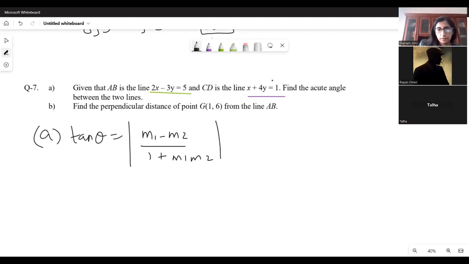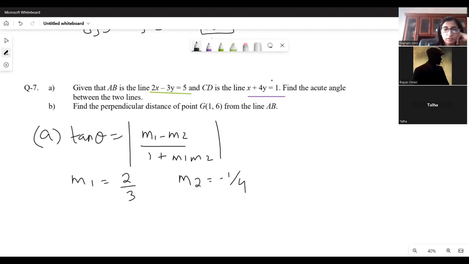Okay, give me M1. मिस ये होगा 2 over 3. Yes, 2 by 3 is correct. -3y दूसरी साइड पे जाके +3y हो जाएगा और 3 डिवाइड हो जाएगा. And M2 is negative 1 over 4. Yes. M2 is -1 over 4.